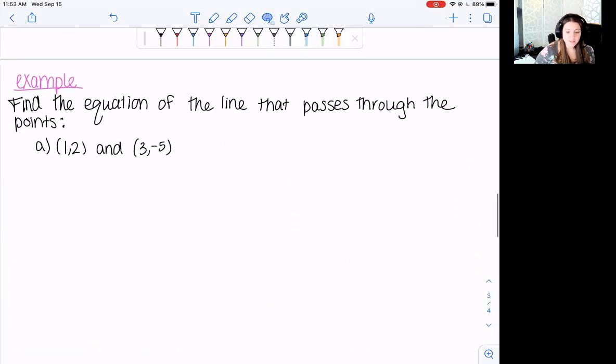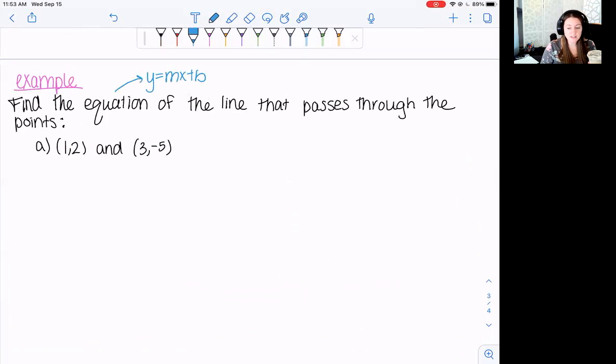This is a type of line problem that is very, very typical, a classical line problem. You're given 2 points and you need to find the equation of the line that passes through them. So this is going to be y equals mx plus b that we're looking for here.